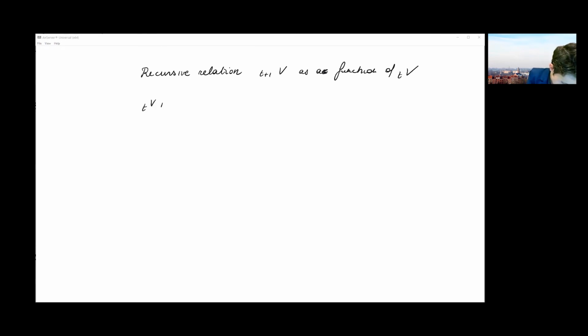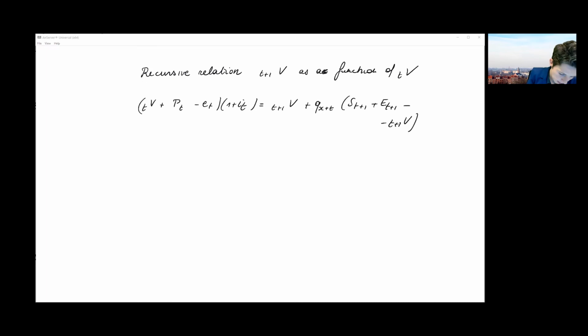If you look back at this recursion, you have to work with something like this: t+1 V plus q_{x+t} times (S_{t+1} plus expense related minus t+1 V).